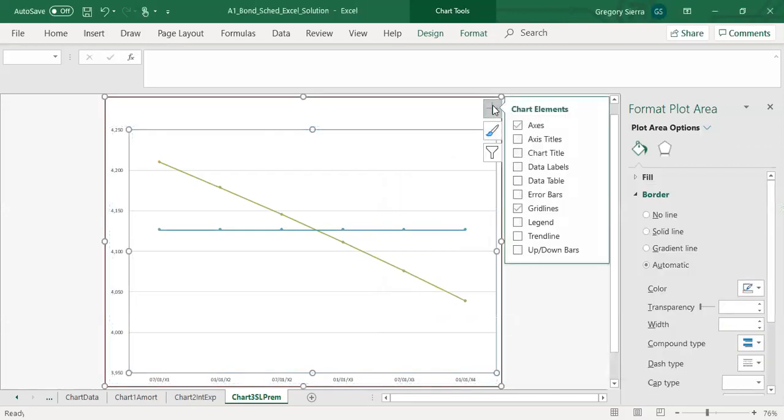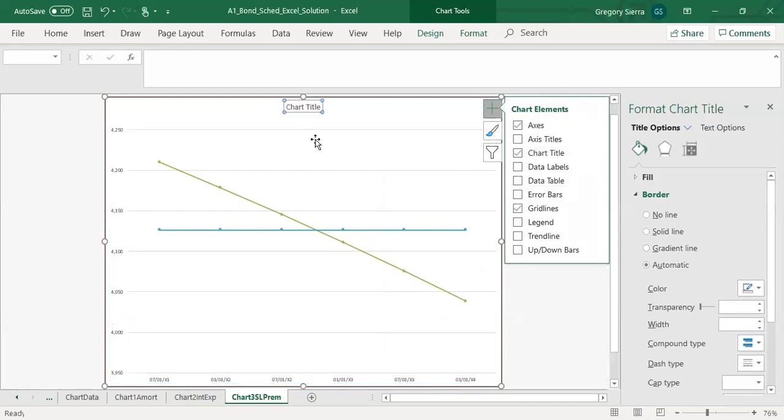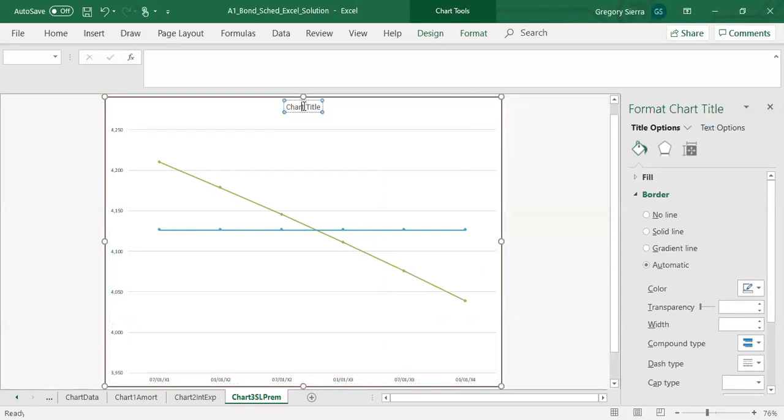All right, I want to add a chart title. So I'm going to let you finish it off, but I'm going to put premium case, effective interest method versus straight line, just to make the title a little shorter.